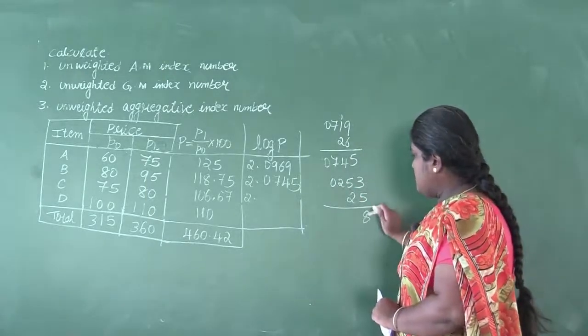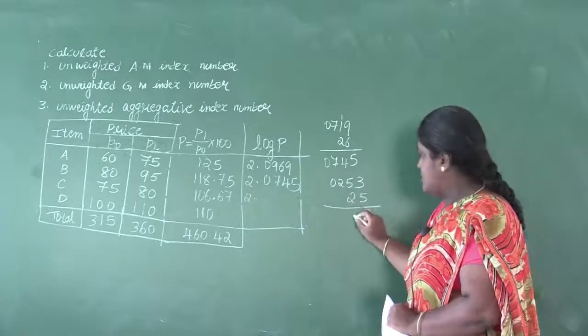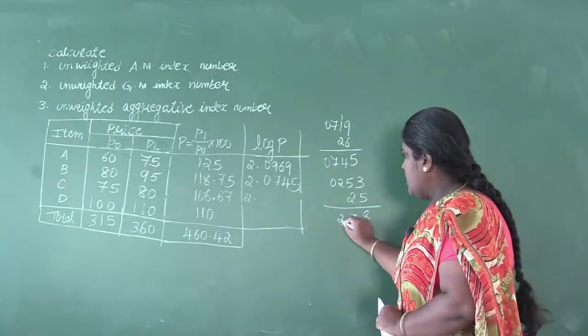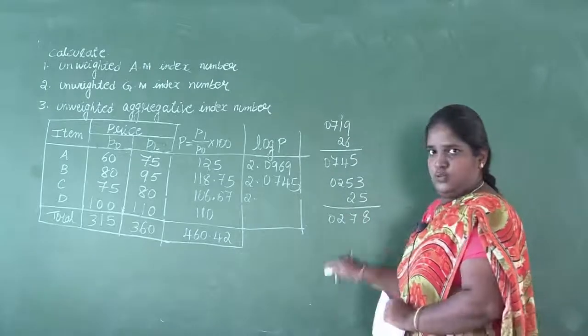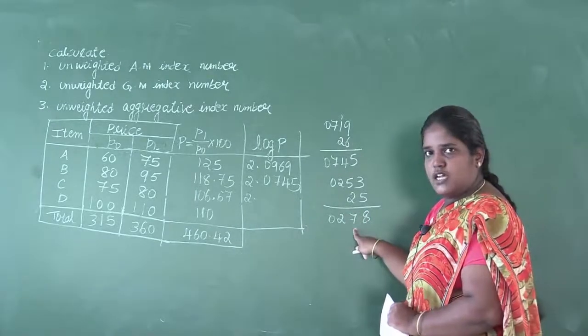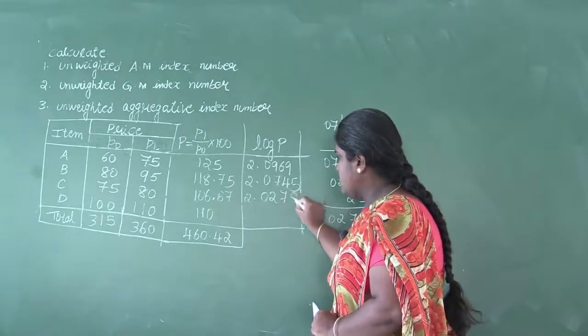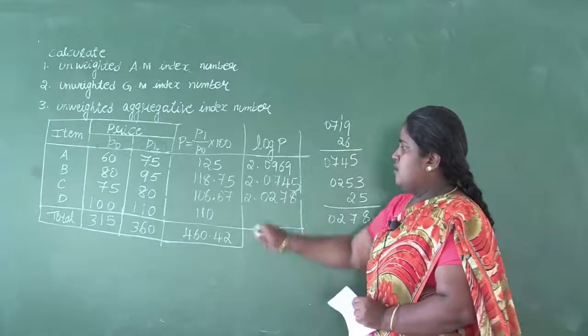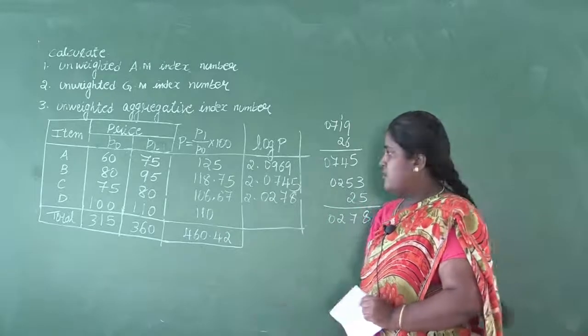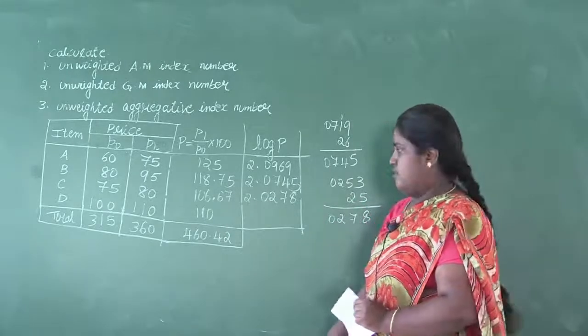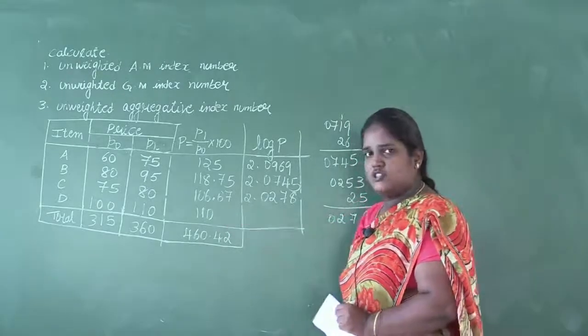We'll get 5 plus 3, 8, 5 plus 2, 7, 2 as it is, 0 as it is. So the number we have got is 0278. 2.0278 is the logarithm value for 106.67.